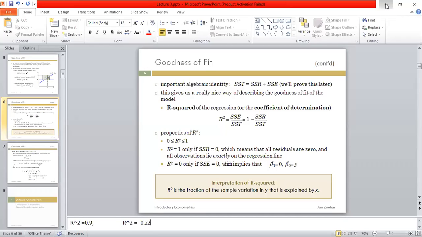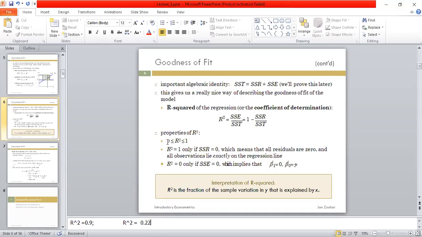Could you explain the property of R squared, the last one, the last line? Which line? The properties of R squared, the last line.